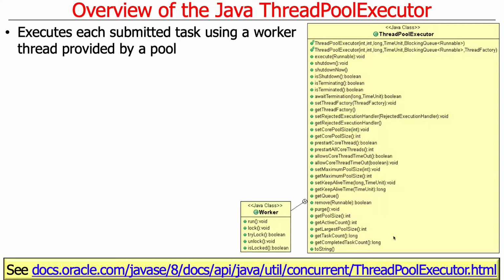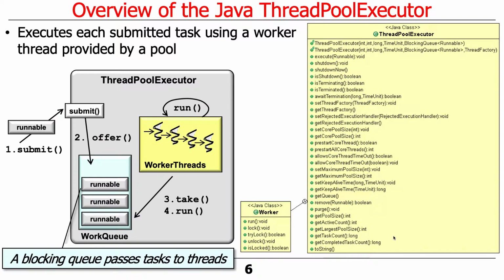And what this does is it takes each submitted task and runs each task in a worker thread provided by a pool of threads. So here's what it looks like. You have a Runnable or a Callable, and you submit this to the ThreadPoolExecutor, and that queues things up in this queue, which is an unbounded blocking queue.